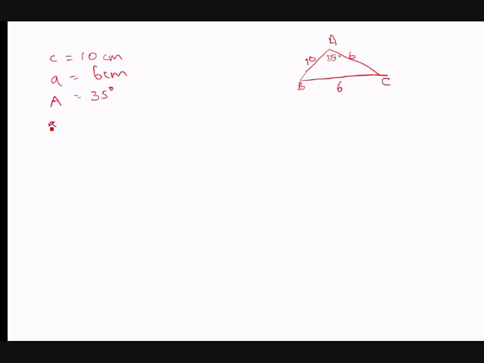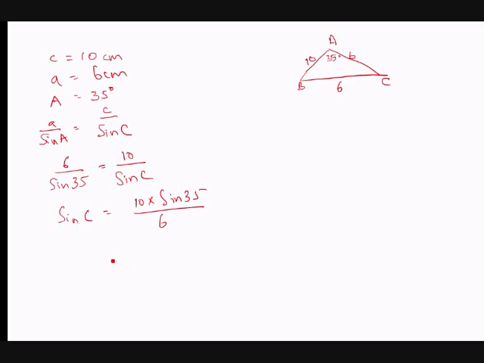The sine rule says A over sine A, and we are with C here, therefore C over sine C. If I use the values given for A, C and angle A, then this is 6 over sine 35 equals 10 over sine C. So sine C will be equal to 10 times sine 35 over 6.